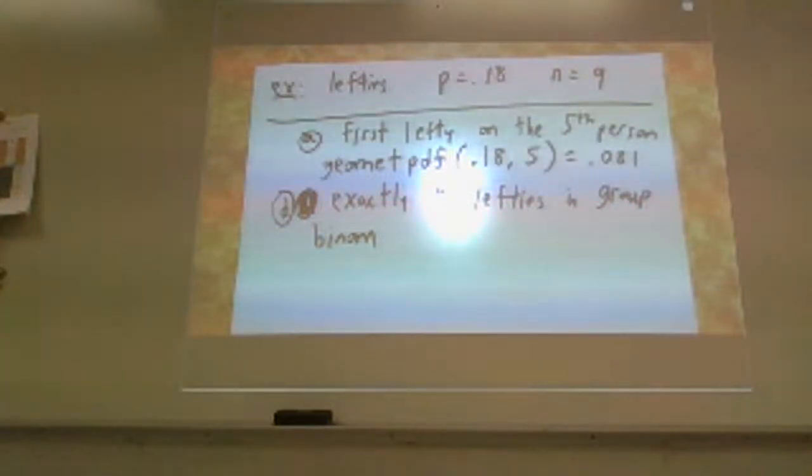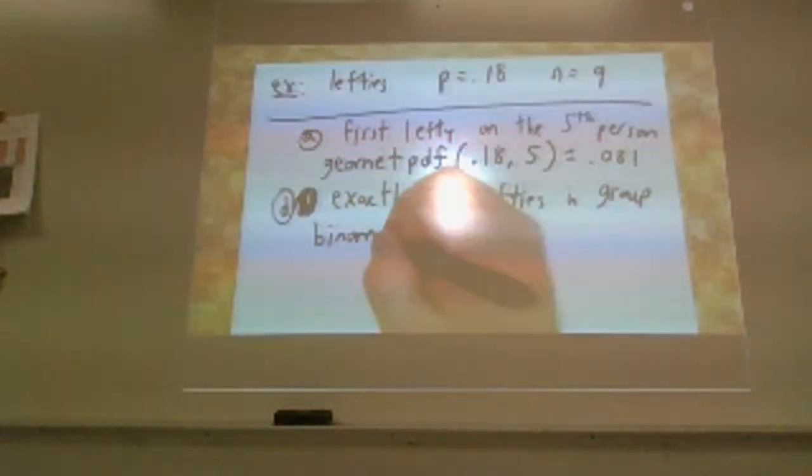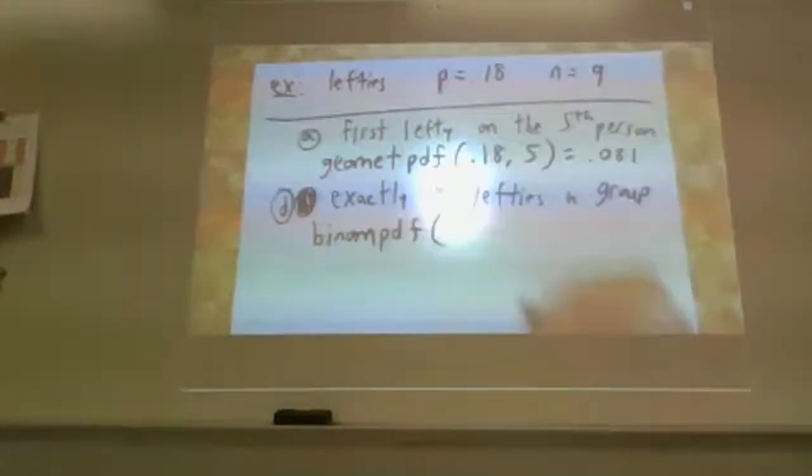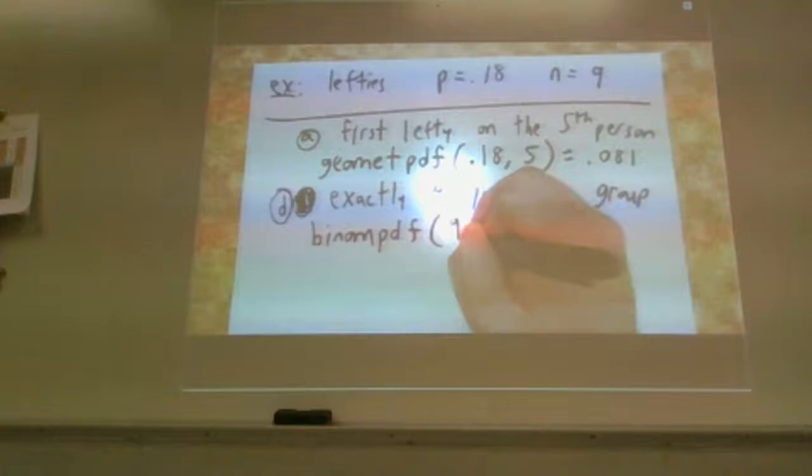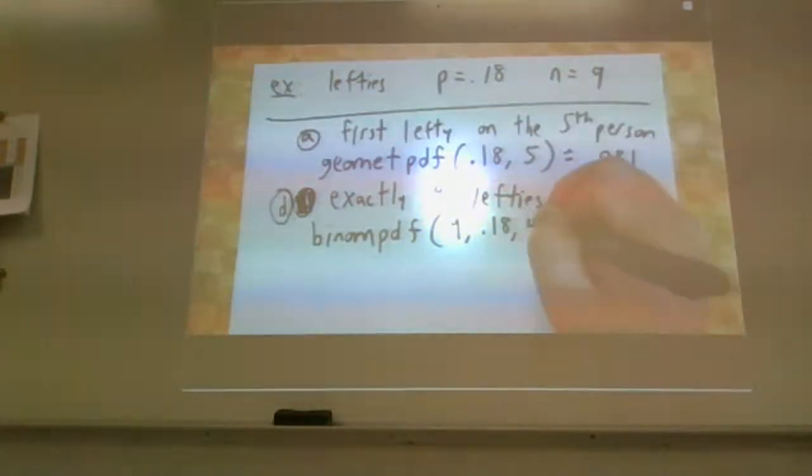It is a PDF because you're looking for exactly that many successes. Now, in terms of what you type in, what's great is that you guys have that interface on your graphing calculators, which show you, oh yeah, these are the numbers I would be typing in.